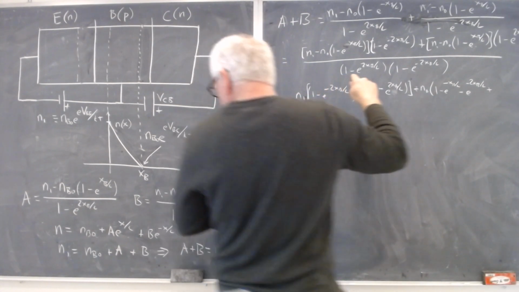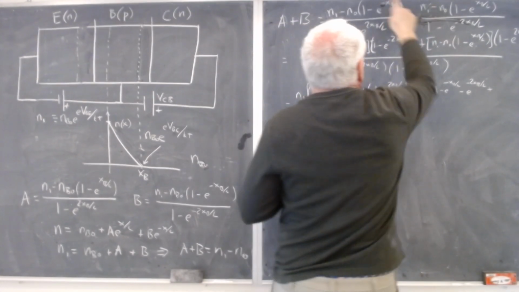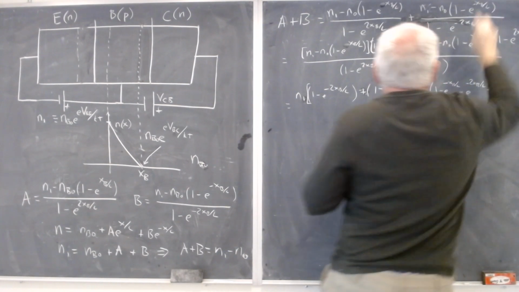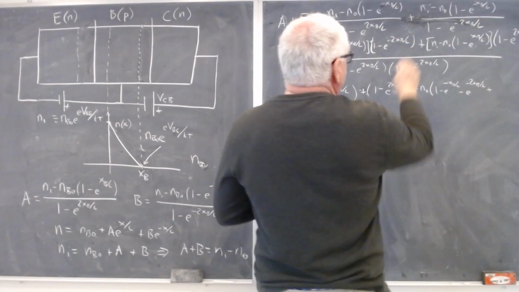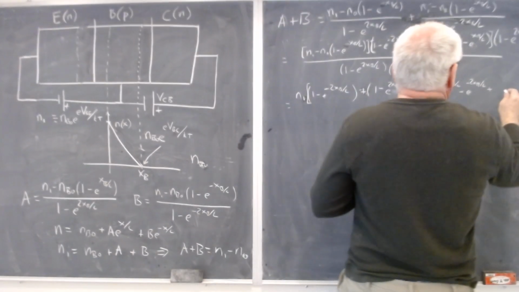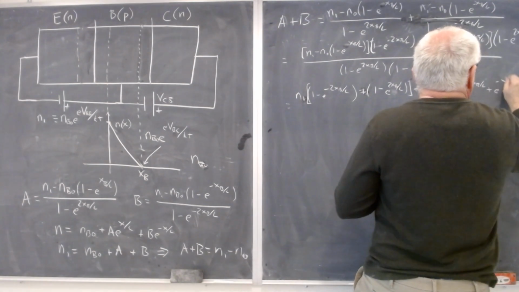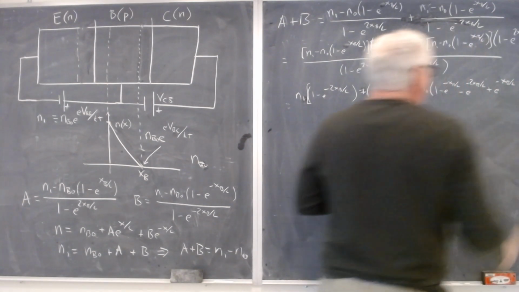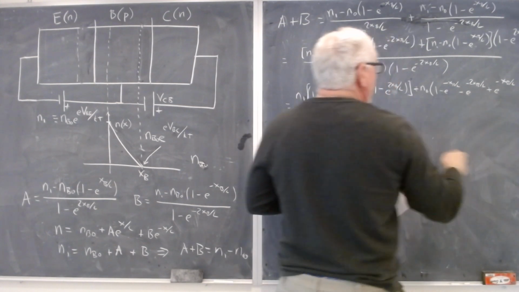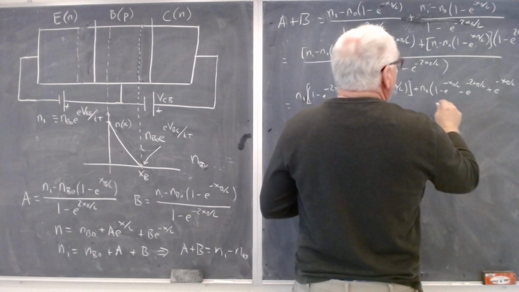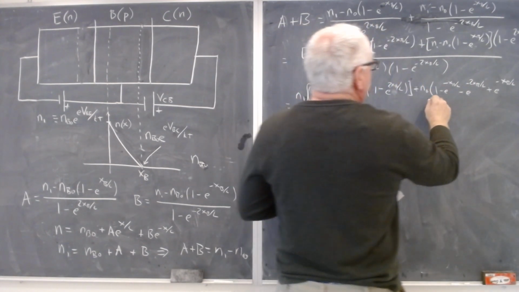That's A. Sorry, and that's B. Okay, because that one has to go away. Plus e to the negative xb over L. And what you see is these two are going to cancel out. And then let's do a minus n0.